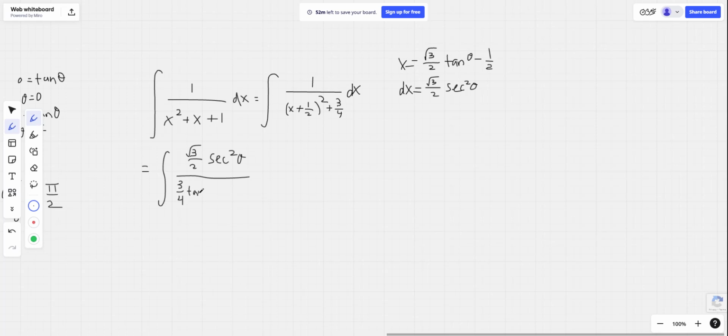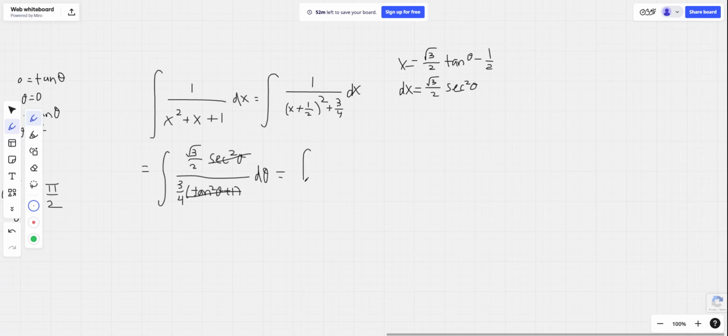And the tangent theta squared just stays tangent theta squared plus 3/4. And in fact, let's factor out a 3/4 from everything. So we have tangent squared plus 1. Okay, now doesn't that look familiar? That's just secant squared. So it all cancels out pretty nicely again.